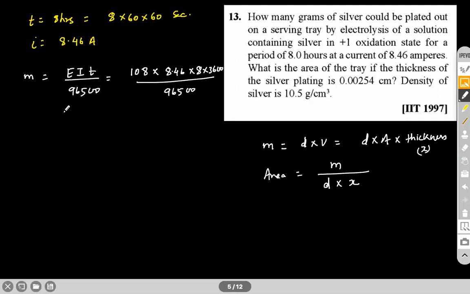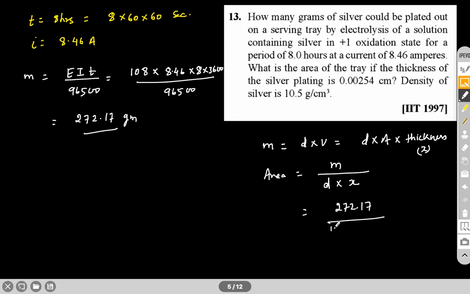That mass would be approximately 272.17 gram. 273 also you can take, approximately this. Now this mass we will substitute here, 272.17.